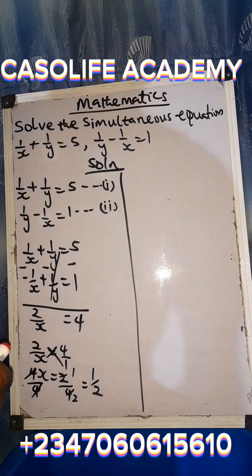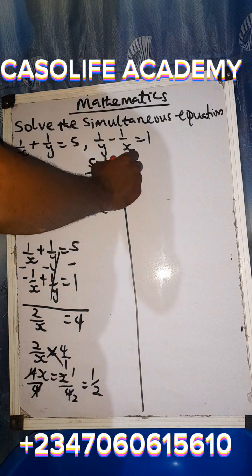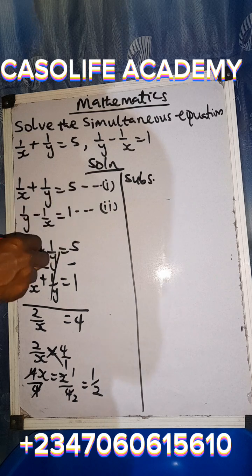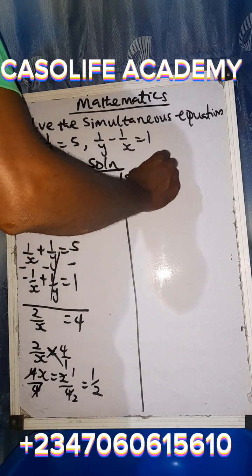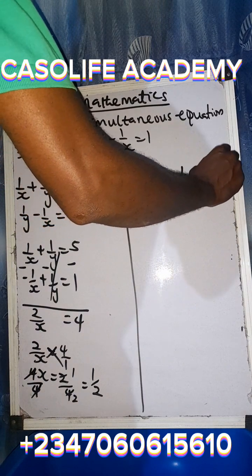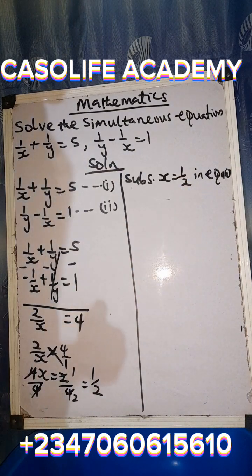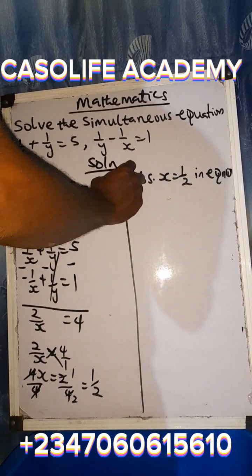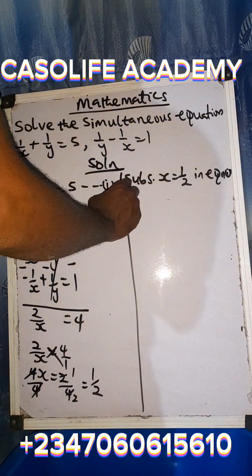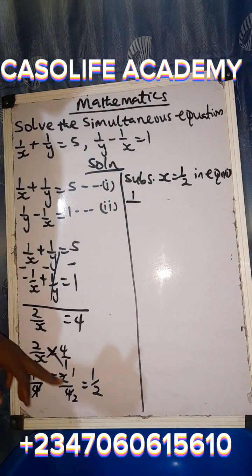So let's look for y. We've gotten x as 1 over 2, so let's substitute x equals 1 over 2 into equation 1. Instead of writing x, it becomes 1 over 1 over 2.